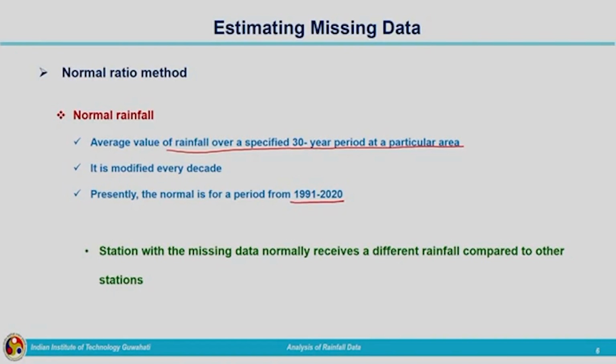Now, in the case of estimating missing data, a station with missing data normally receives a different rainfall compared to other stations. If there is missing data for a year or 2 years or a certain period, then when calculating the 30-year average there will be deviation from the normal data of the other stations, which we expect to be almost the same.